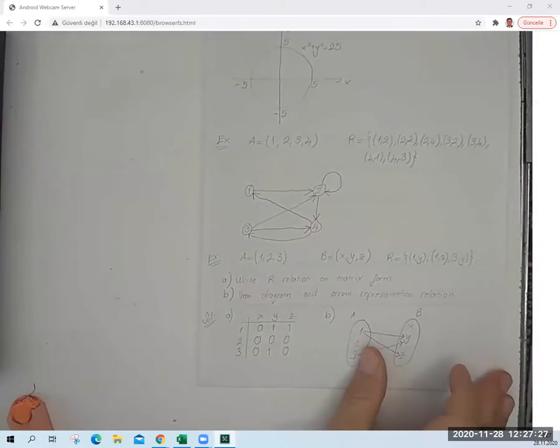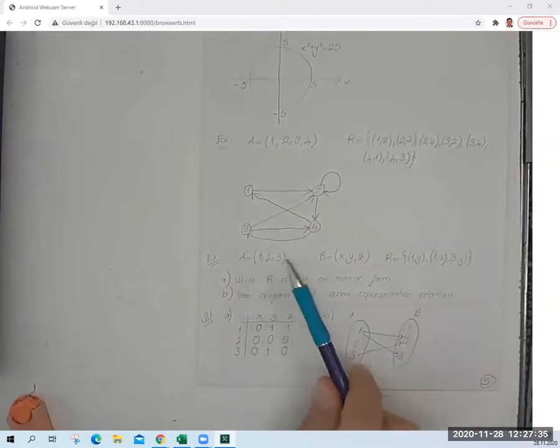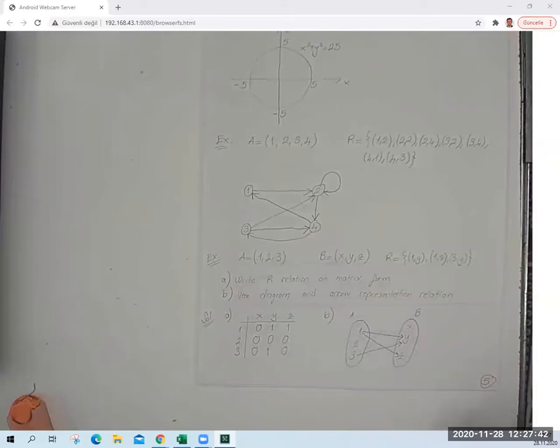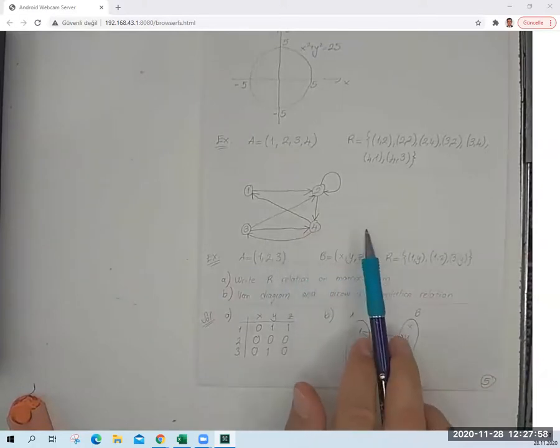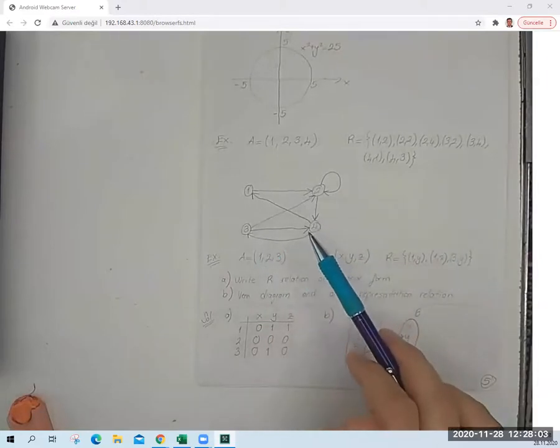Okay, next page, composition of relation. Now, we saw relation from set to set. We defined some relations like product, subset, less than, greater than, and there is a mathematical form for the relation like x y, and there is the relation A to A. This is the relation from A to A and its pictorial form.